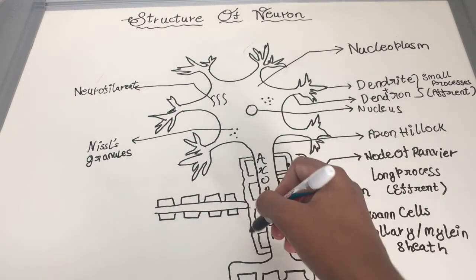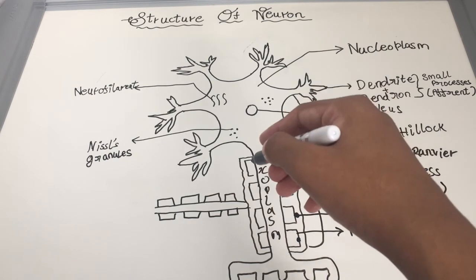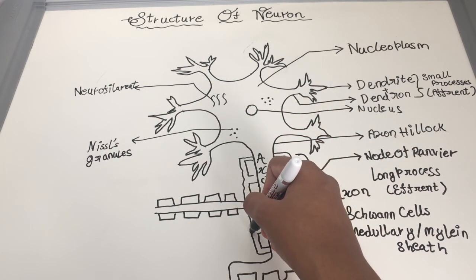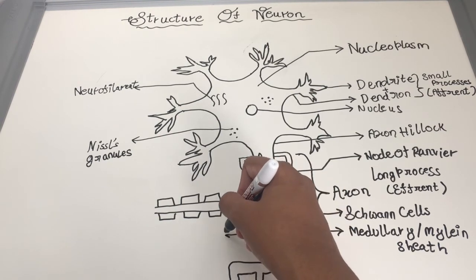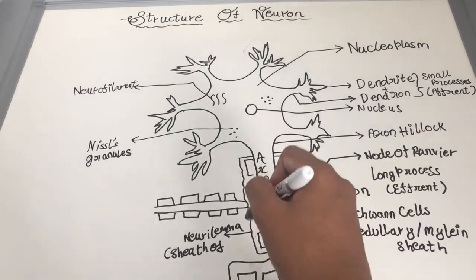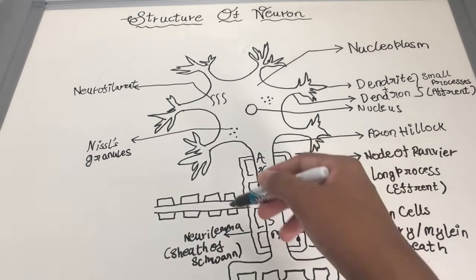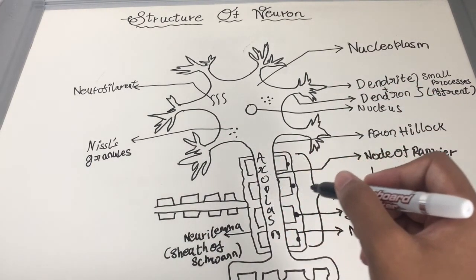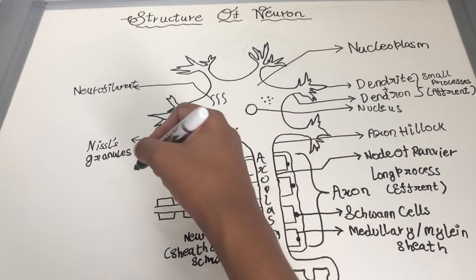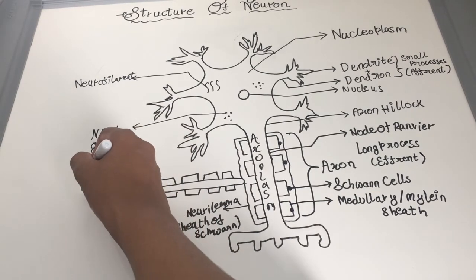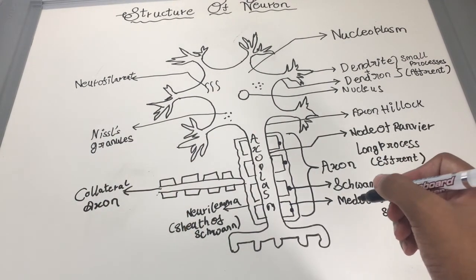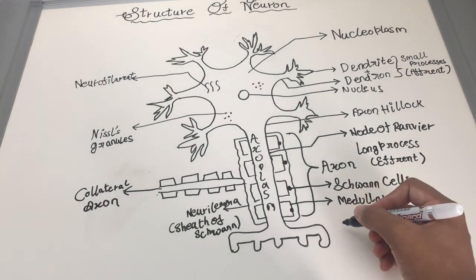Now this is the neurolemma, or it is known as the sheath of Schwann. So this is the neurolemma, or the sheath of Schwann. This will be the collateral axon. And now finally we have the synaptic knob.